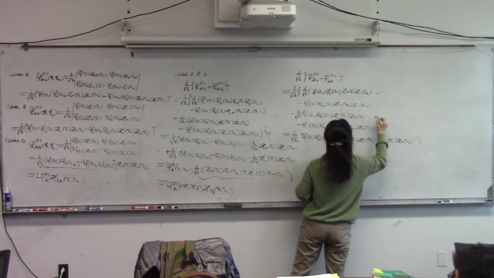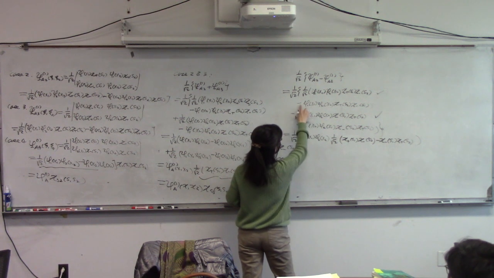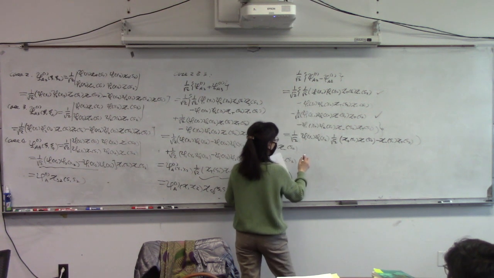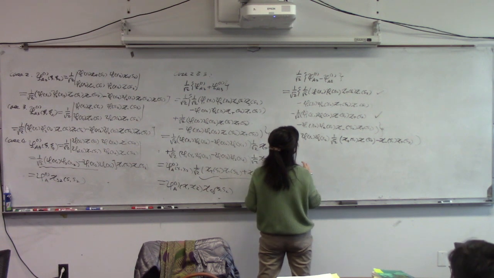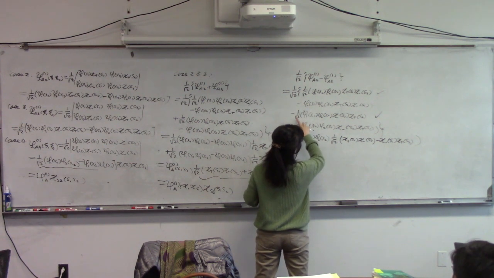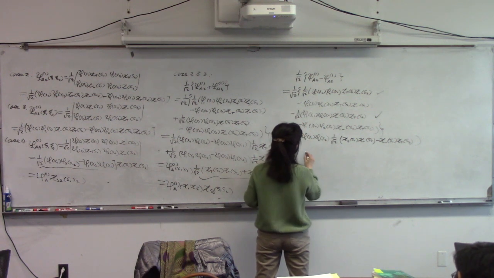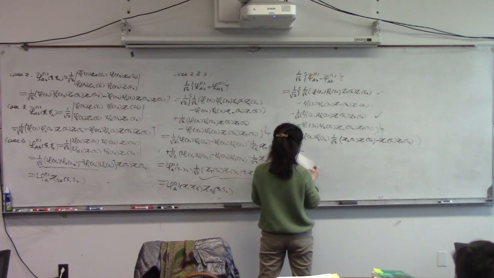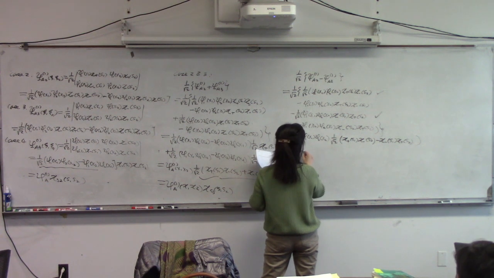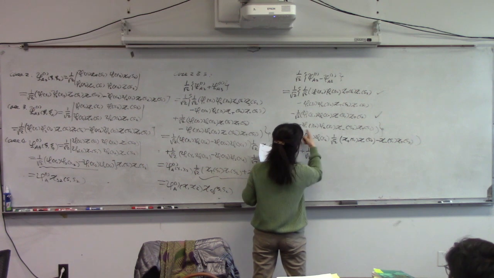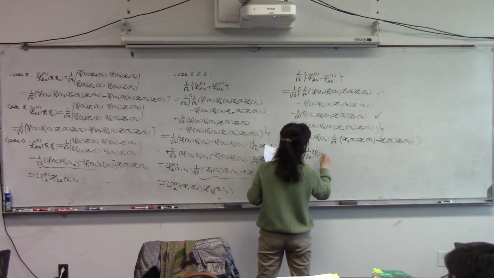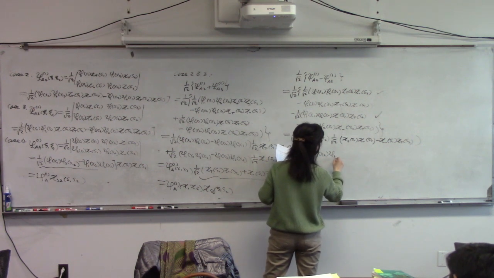This one and this one. Then the next one is this one. This one will have a minus sign. This minus, this one is minus, but minus minus is plus, so we have a plus. And here this is psi 1, x2, psi 2, x1.